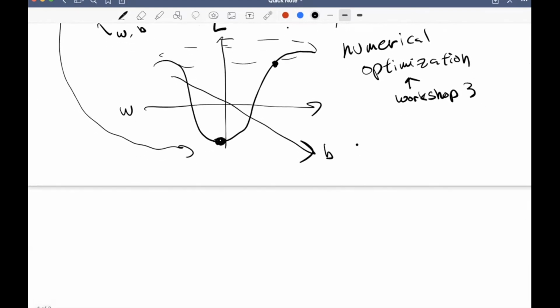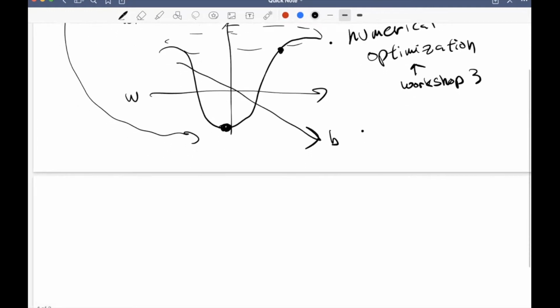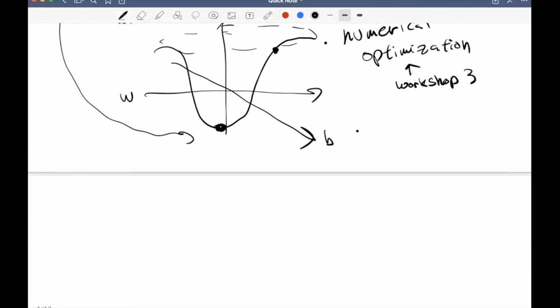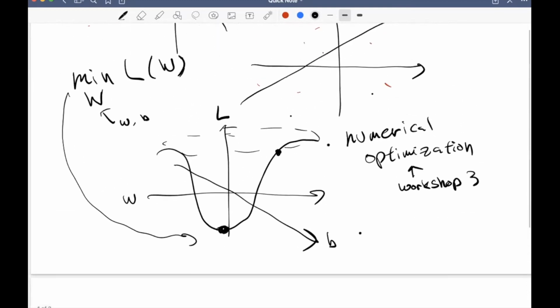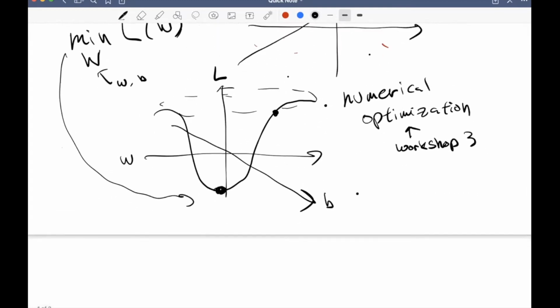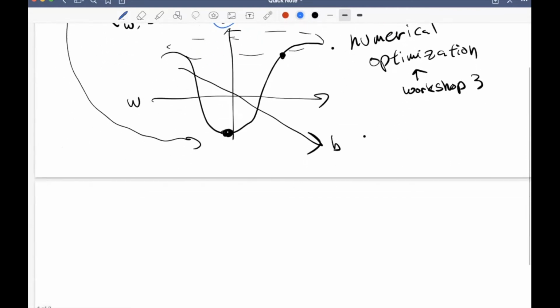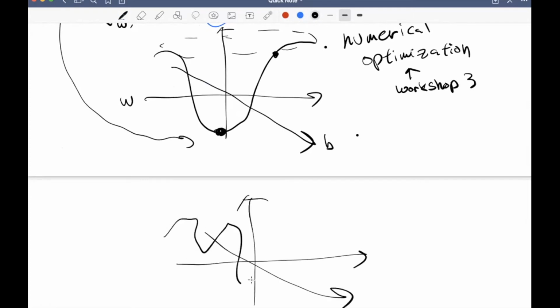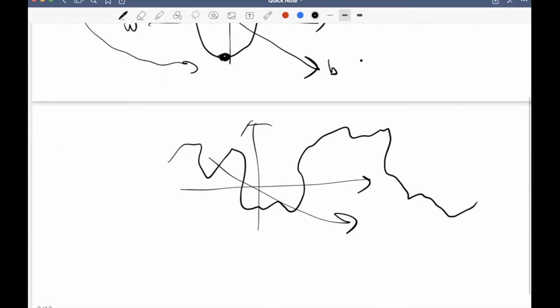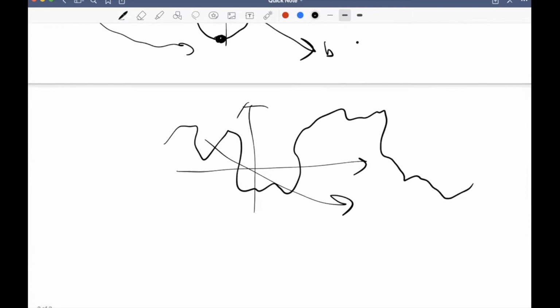So the next question is, how do we actually solve this mathematically? The issue is, this function in general might not be that nice. And when I say function, I actually mean the loss function. The landscape might be something very crazy. And furthermore, it might be very high dimensional.